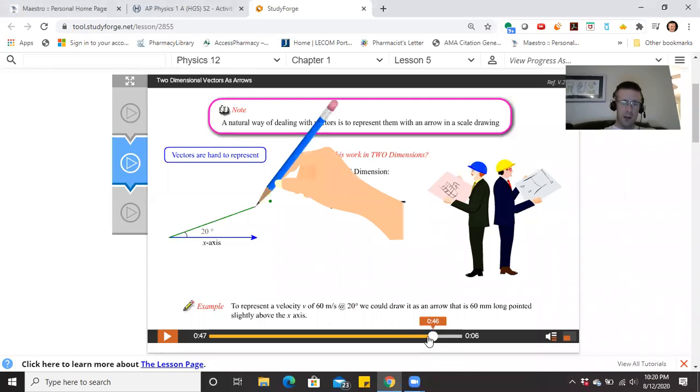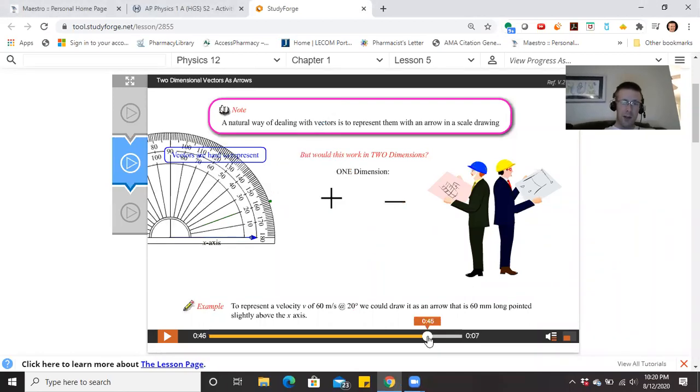I skipped a little too far forward. So here you can see they marked a little dot at 20 degrees, just like I said they would. Once you do that, notice that from the very center of this drawing, this is the origin of our x-axis.